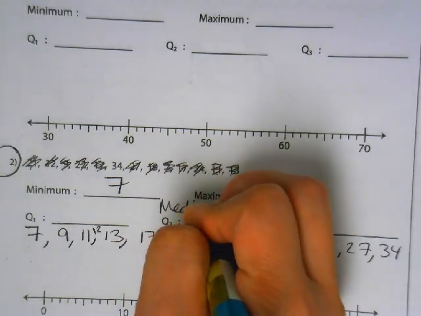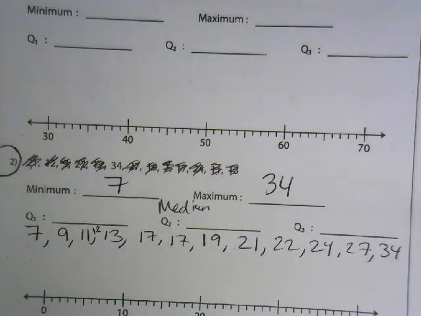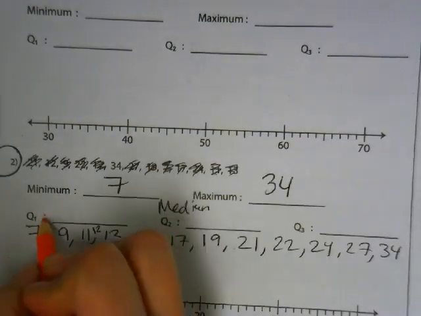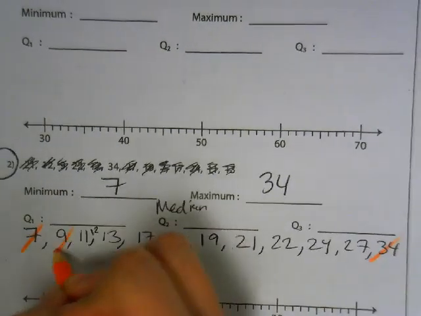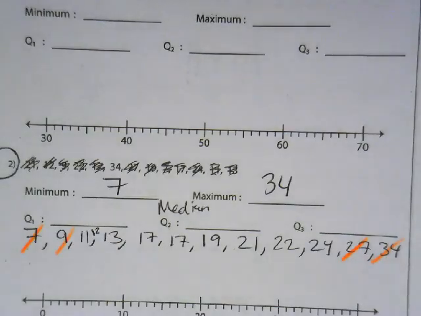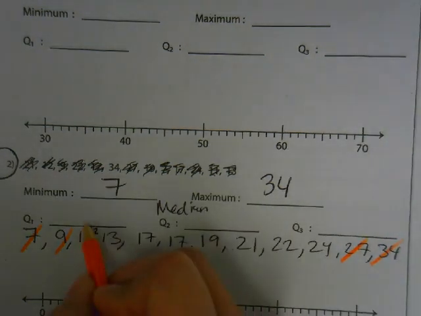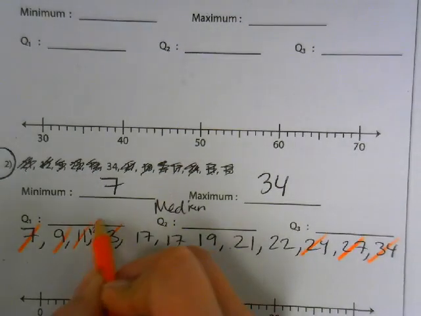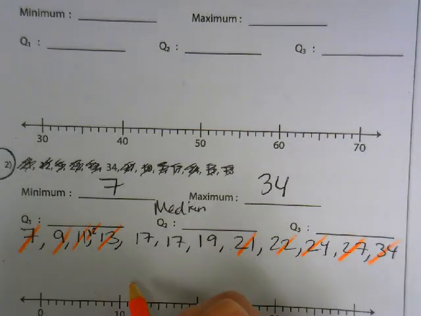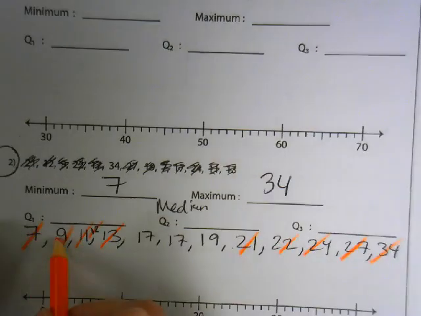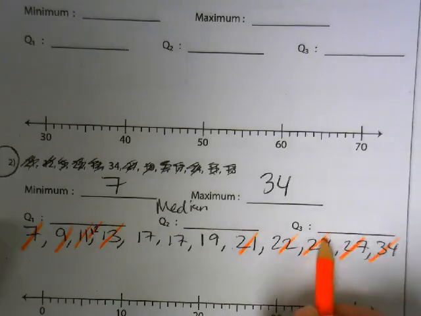What do I have to do? Cross out from both ends. Front, back. Front, back. Keep going. What did you guys get? 1, 2, 3, 4, 5.